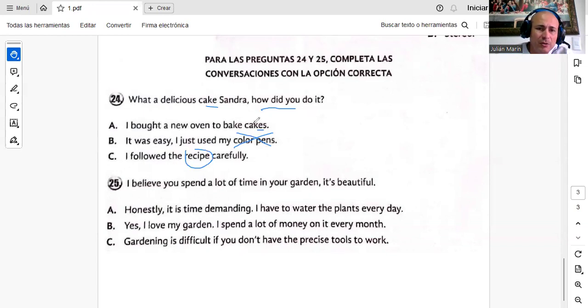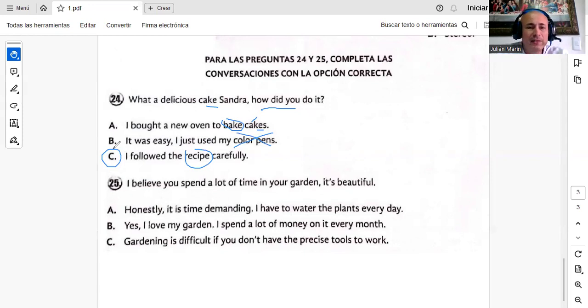Yes, we're talking about baking. We're talking about food. We're talking about a cake. So this one is the one that gets closer to answering this question. Why was it so delicious? Because I followed the recipe. Very good.